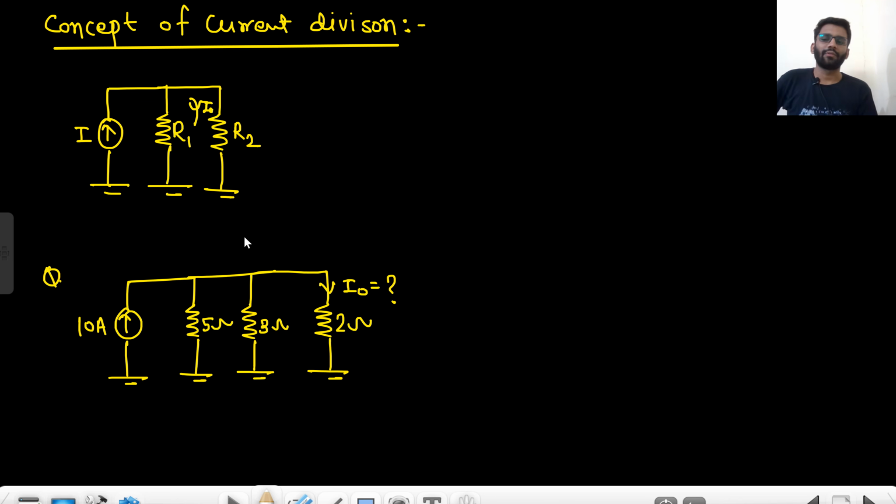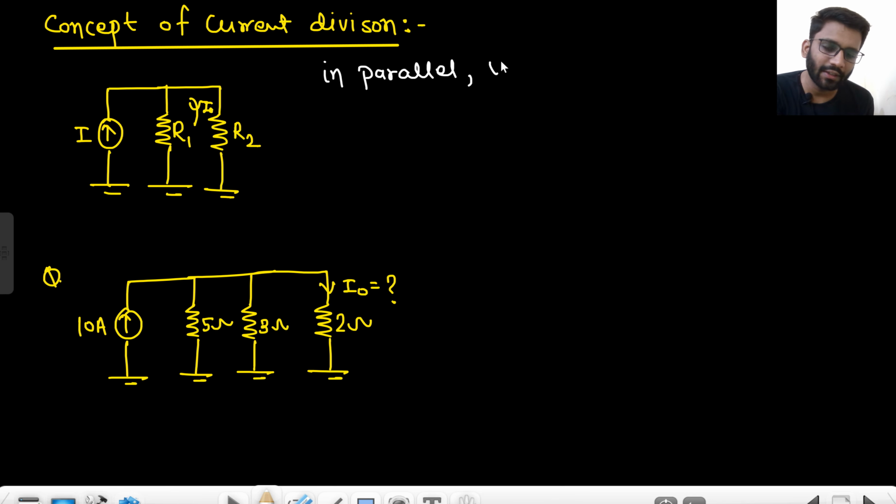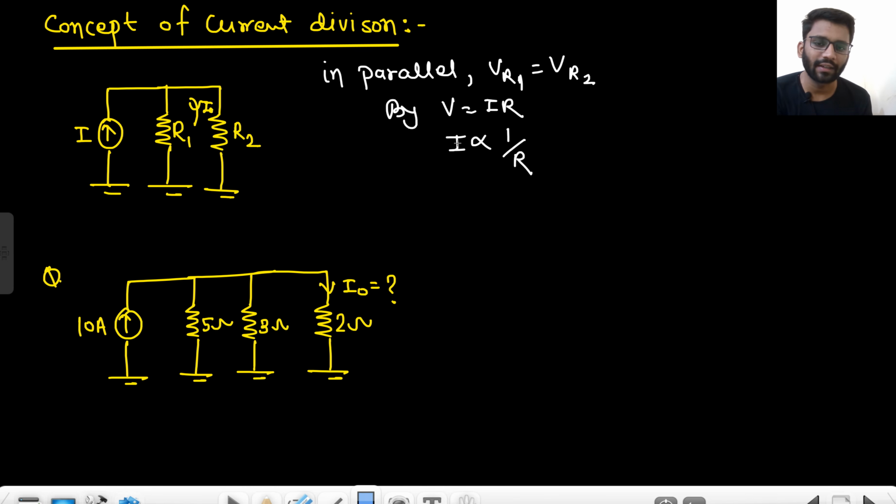Okay. Now we will see the concept of current division. So in parallel, what is same? In parallel, voltage across resistances is same. VR1 equals VR2. So by Ohm's law, V equals IR. That means your I is inversely proportional to resistance, right? So that means the current will be divided in inverse proportion.